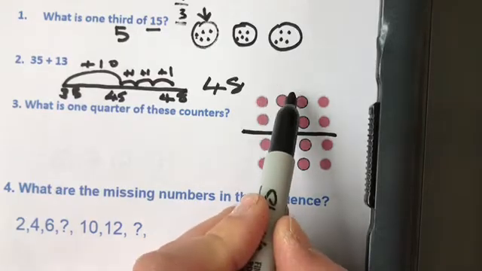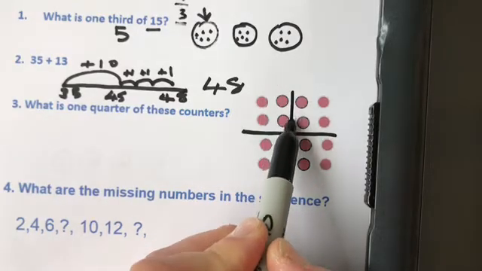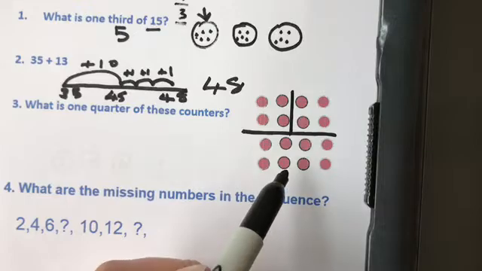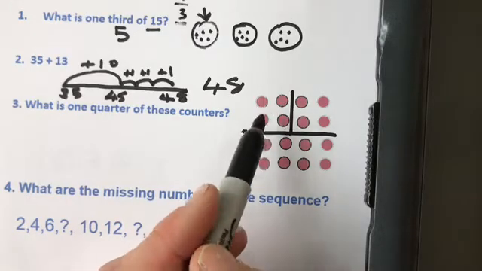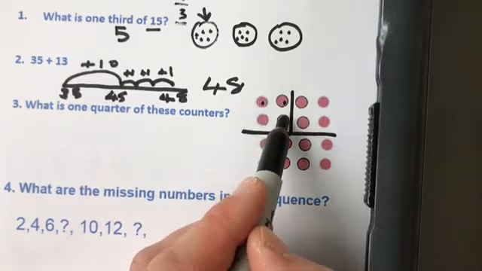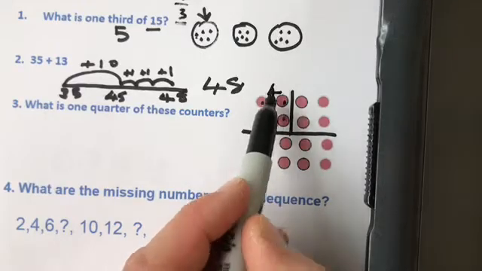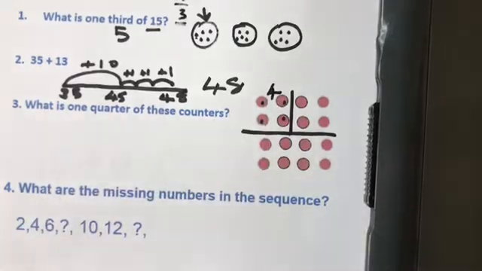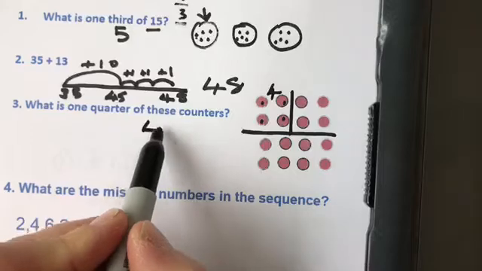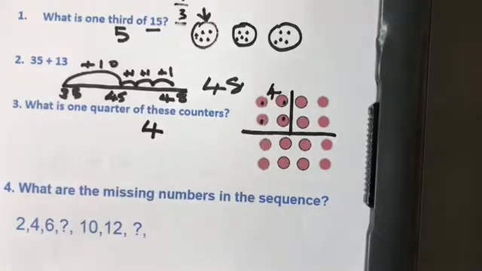So I can see that if I did that, I've split my half in half. So then I have a count up. I have got 1, 2, 3, 4. I've got 4 in my 1/4. So 4 is 1/4 of those counters.